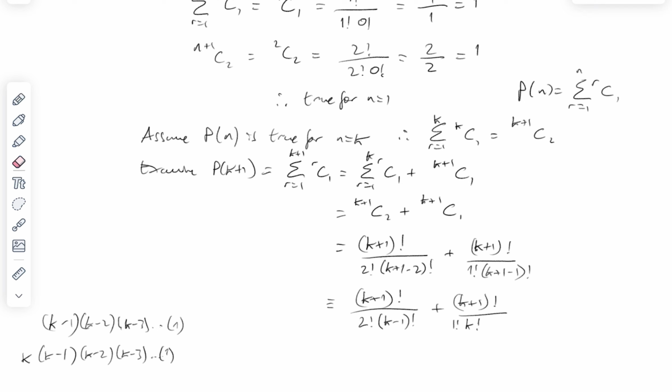So to get from this one to this one, I need to multiply by k. So that gives us numerator and denominator multiplied by k, over 2 factorial k factorial, plus numerator and denominator multiplied by 2 over 2 factorial k factorial.